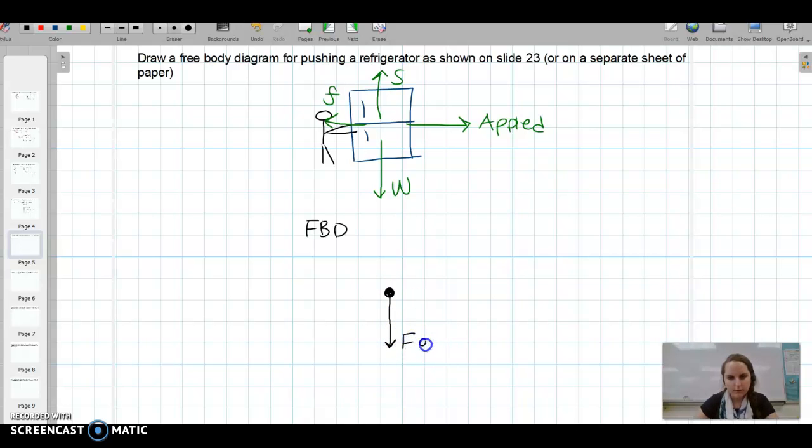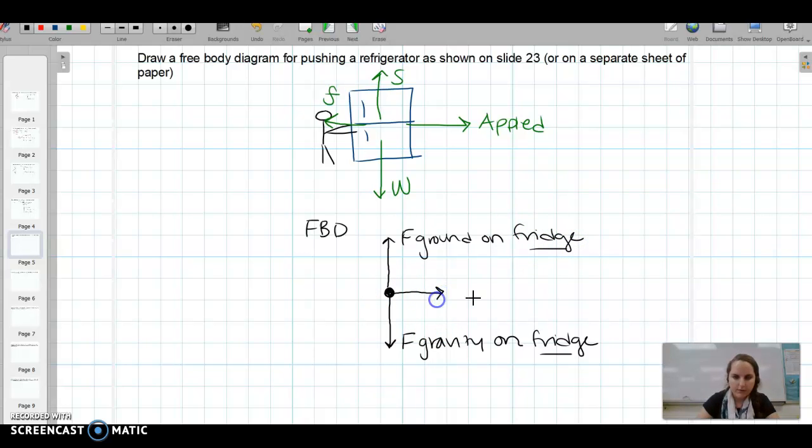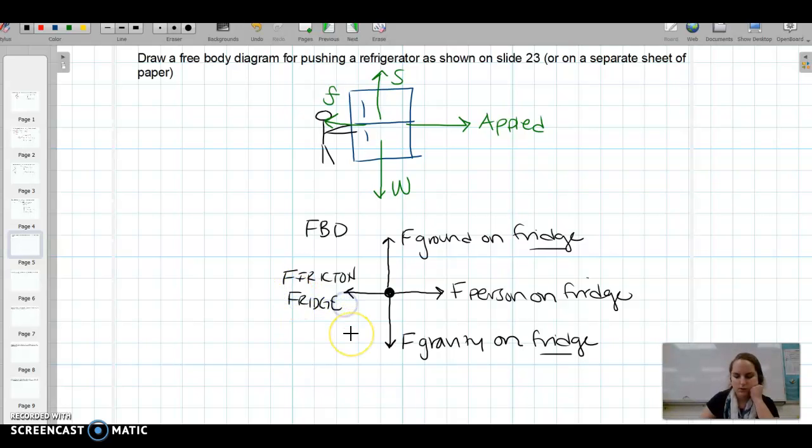So we have the force of gravity on fridge, and then we have the force of ground on fridge, and then we have this applied force, so the force of person on fridge, and then the force of friction, or what that force is that's opposing that motion. So that's what the FBD would look like.